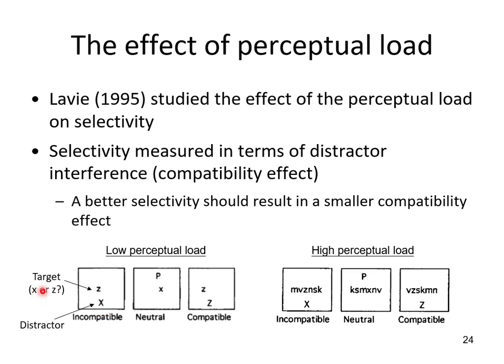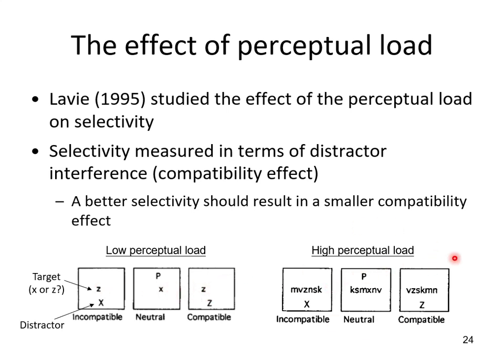So the task was very simple: to judge whether it is an X or a Z, and then probably you press a key. If this is a Z, you press a key. If this is an X, you press another key. Now in the left condition, it is not difficult to do. You just identify the letter.